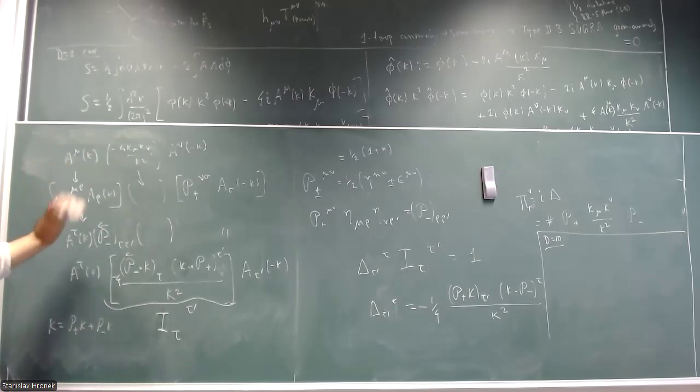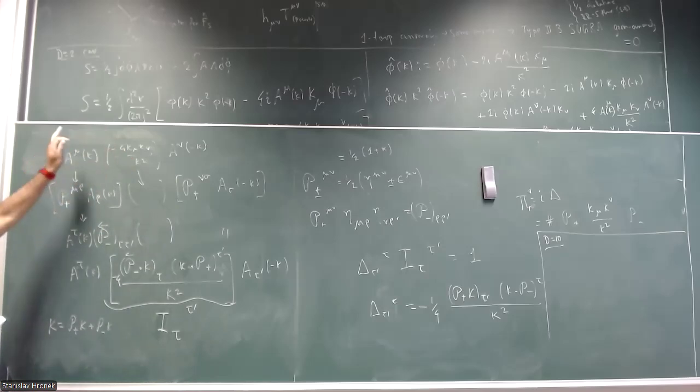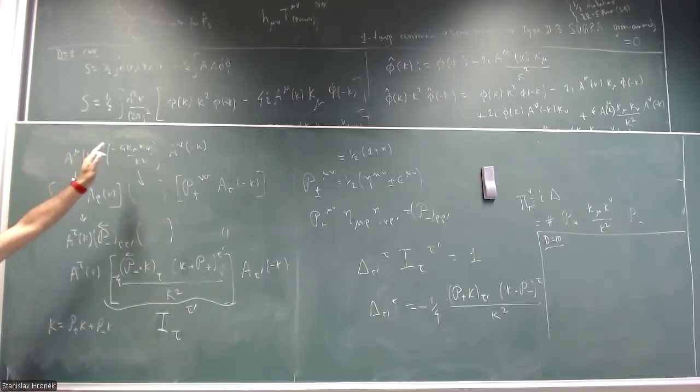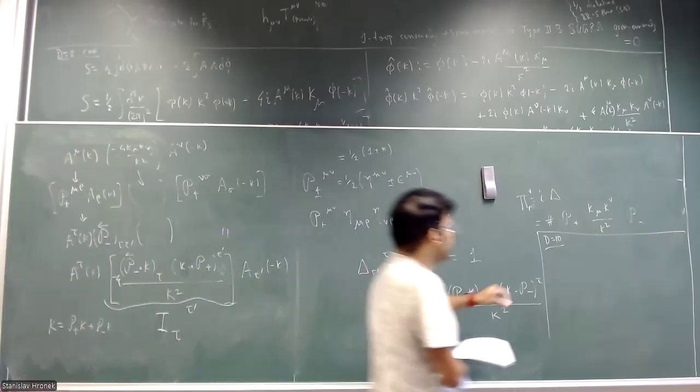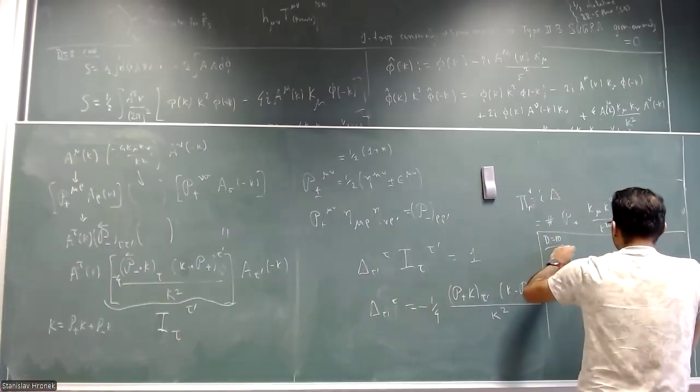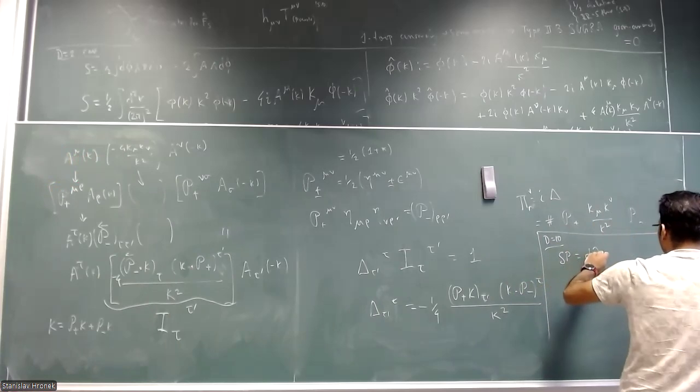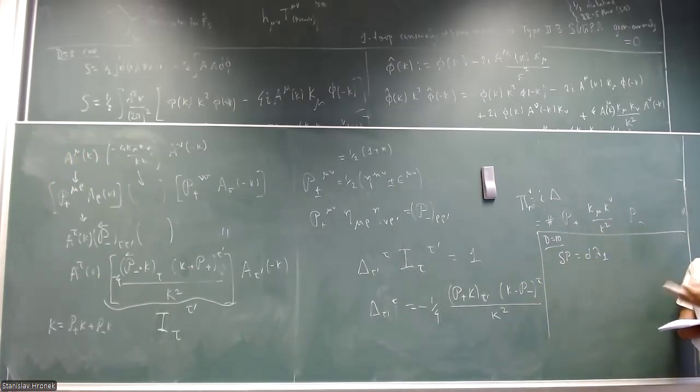Which means that to find the propagator, we need to gauge fix. This is the uninteresting gauge symmetry that I was talking about: you can change p by d of lambda, and dp doesn't change. So this whole action is gauge invariant under this.